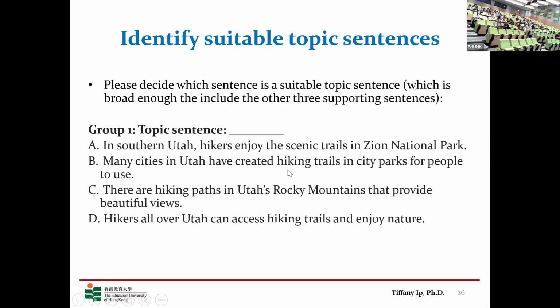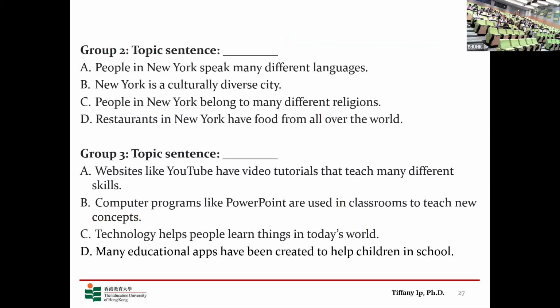And then let's look at group 2. Group 2, what is your answer? B. Yes, no disagreement. So New York is a culturally diverse city. The term culturally diverse can embrace things like different languages, different religions, and different food. Okay. And what about group 3?